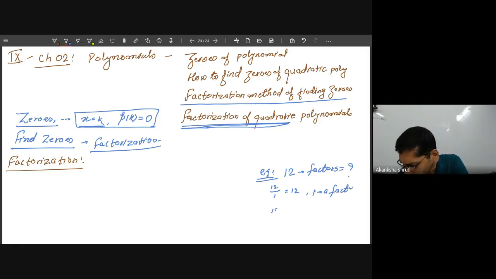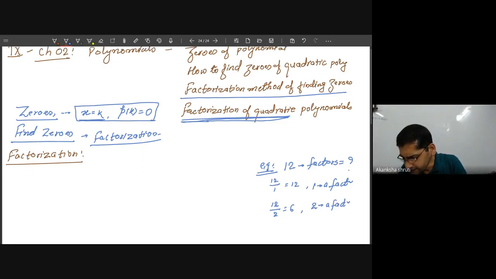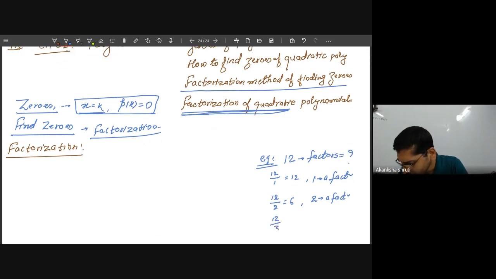Other one, if you are dividing this 12 by 2, we are getting the quotient as 6. As the quotient is an integer, 2 is a factor. If I divide this 12 by 3, we are getting 4. This means 3 is a factor.